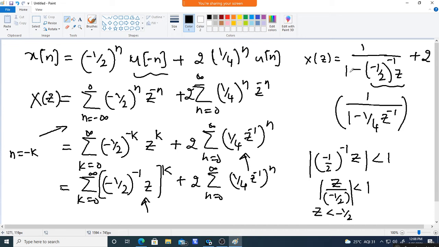Or you can put minus inside, so this will become plus half, so better we can take that itself.